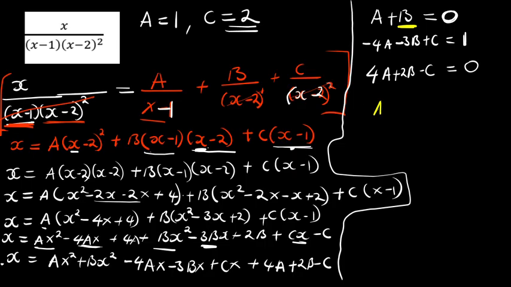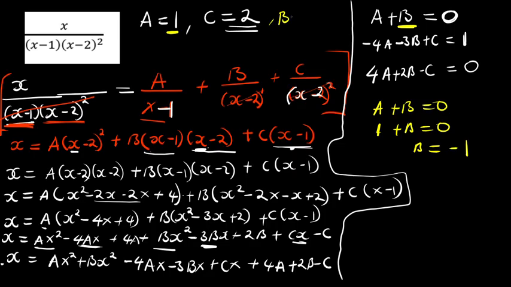So it will be a here plus b equal to 0. So what is the value of a? The value of a is 1. So I will get 1 plus b equal to 0. So b is equal to negative 1. So that is the value of b.